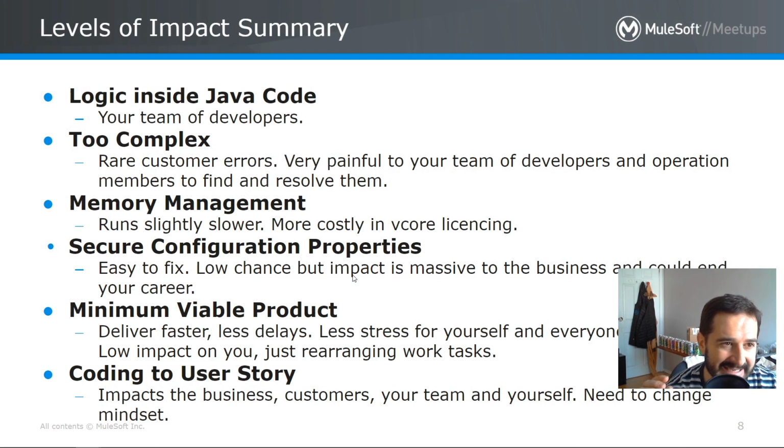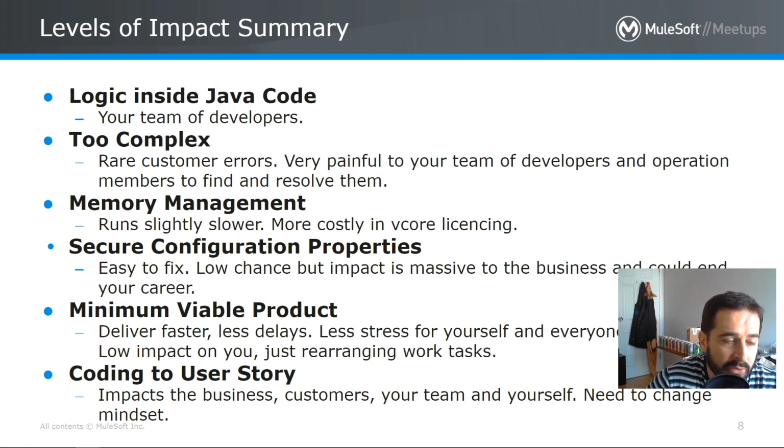In this slide here, I summarize the impact levels from the 6 mistakes. I chose these 6 because of their impact. And you can see from this chart that even within the 6, some have clearly bigger impacts than others. So there's too complex. The first one, the logic inside your Java code, you're really just affecting your team of developers, because you're going to have to maintain this code going forward.